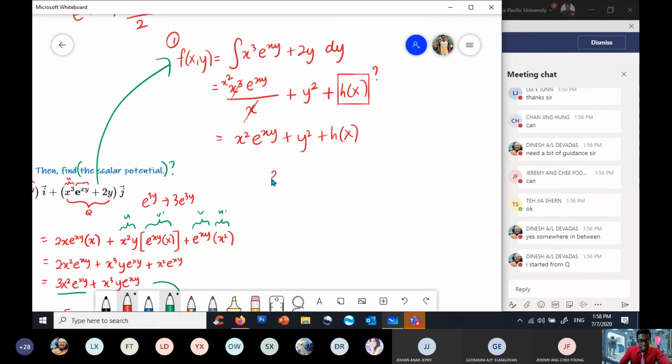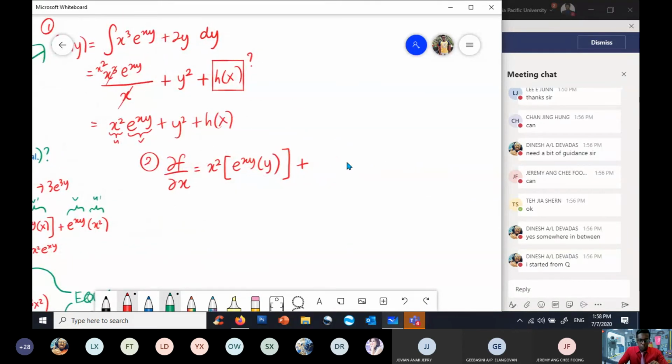Anyway, I differentiate this in my second step. Dou f over dou x. If I differentiate this, I have to use the product rule, isn't it? Because this is my u, this is my v. So using the product rule, u v prime is e^(xy) times y, because I'm differentiating with respect to x, plus v u prime, my u prime is 2x.